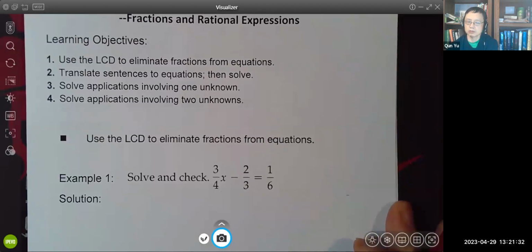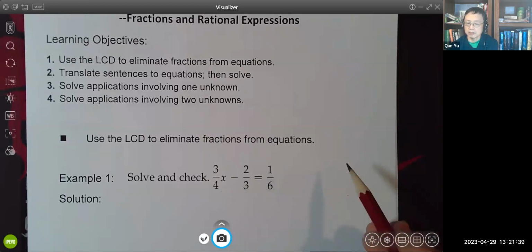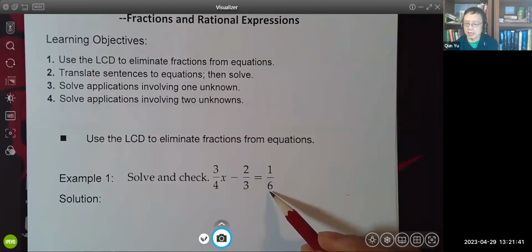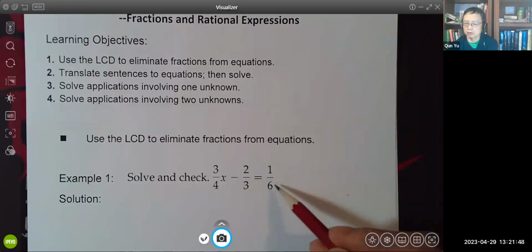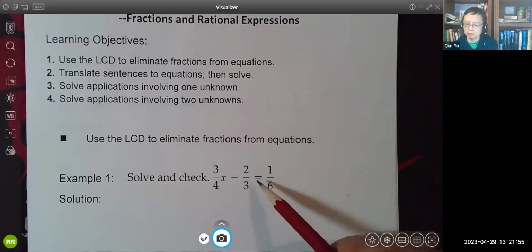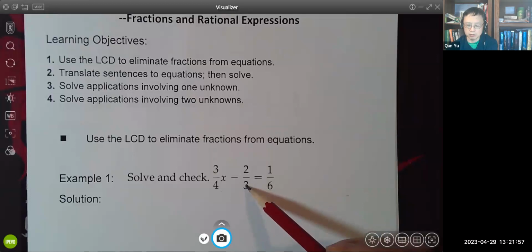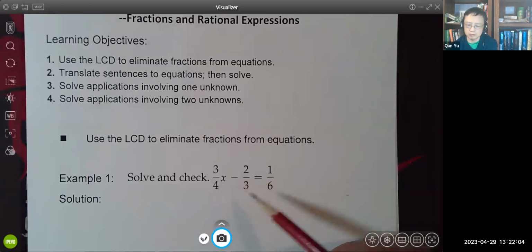There are different ways to find the LCD, but for smaller numbers such as these, an easy way is to look at the largest denominator. We look at the multiples of the largest denominator one by one, until you find a number that is a multiple of the other 2 numbers. If you have more, it has to be a multiple of all of them.